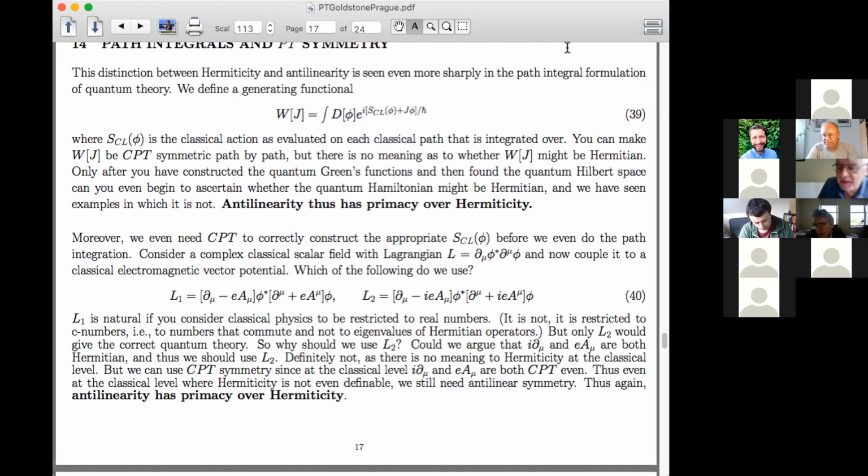Yes. And that gives you a generating function for the Green's functions. And this is a compact way of defining all the Green's functions. Yes. That construction doesn't necessarily work, but it's not necessary. It's not needed. I can define the path integral for Green's function by Green's function directly. I don't need to have derived it from a functional integral.